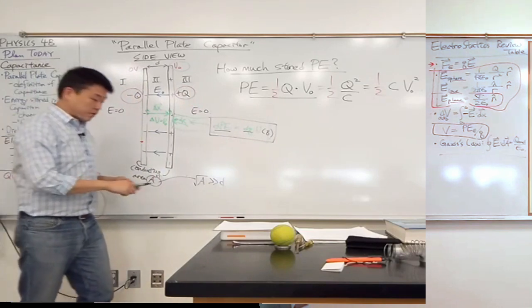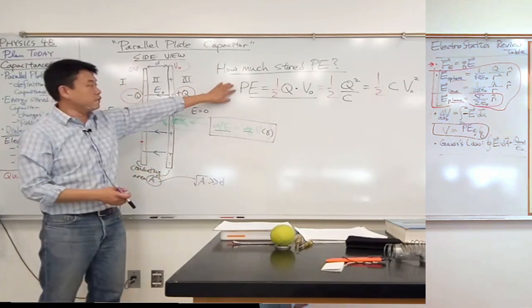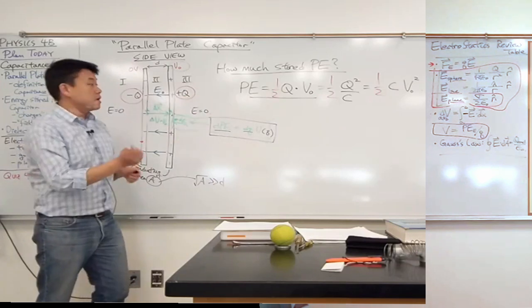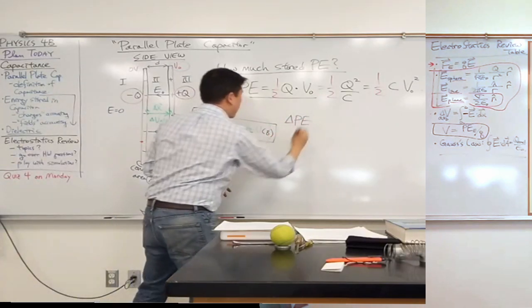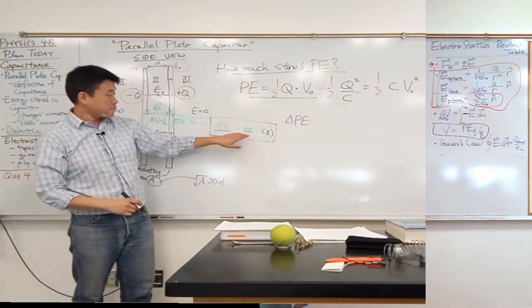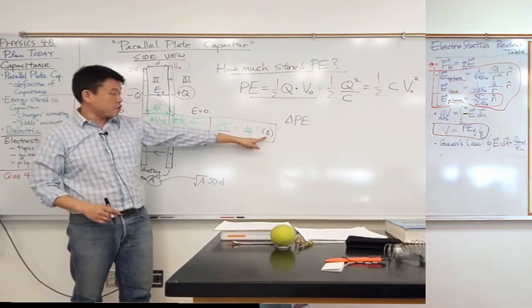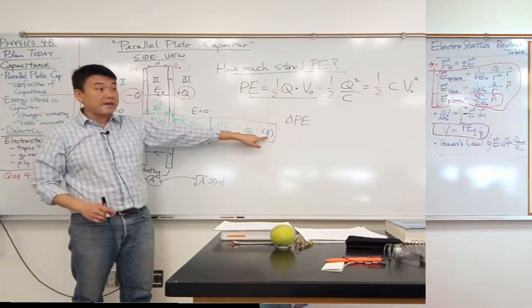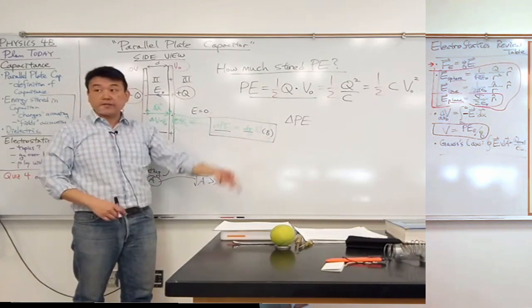And if we want the full amount of potential energy change, then what you have to realize is that this is a small amount, and it's going to be a function of the amount of charge. So I cannot simply do final voltage times the final charge.